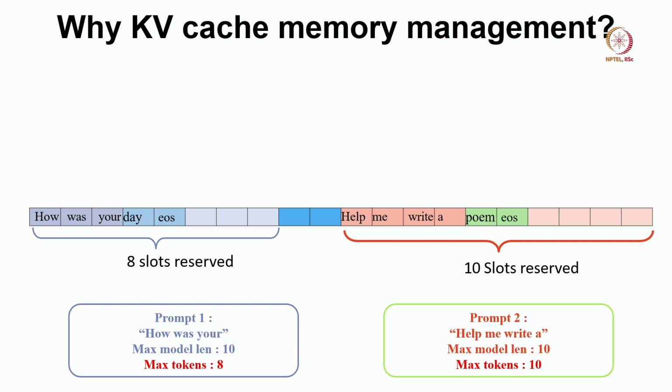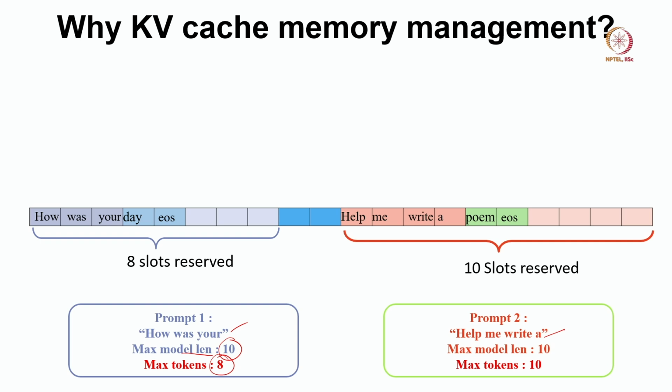And then let's say we somehow identify that the prompt "how was your" requires fewer tokens. Although the maximum model length is 10, maybe we say the maximum number of tokens is 8, and for the prompt "help me write a", the maximum number of tokens is 10.